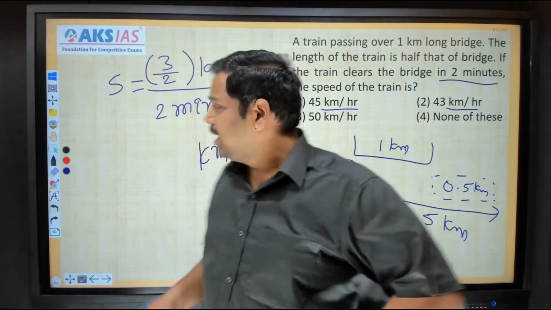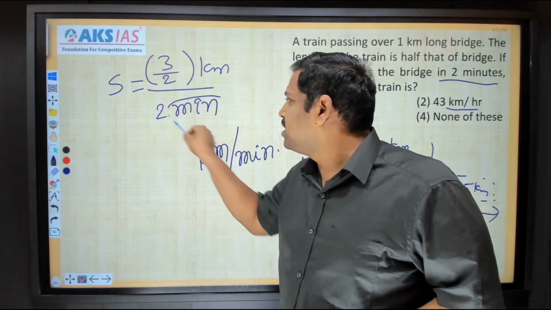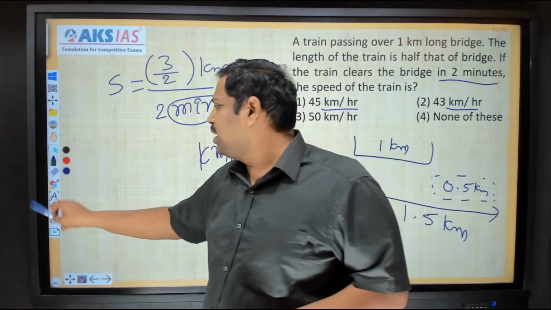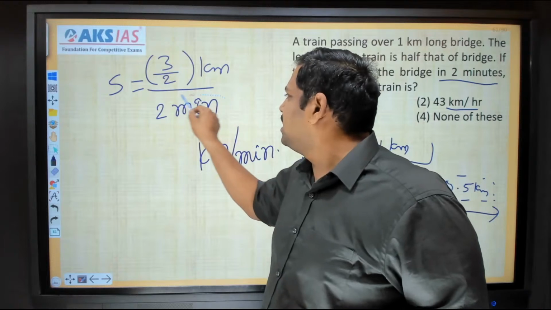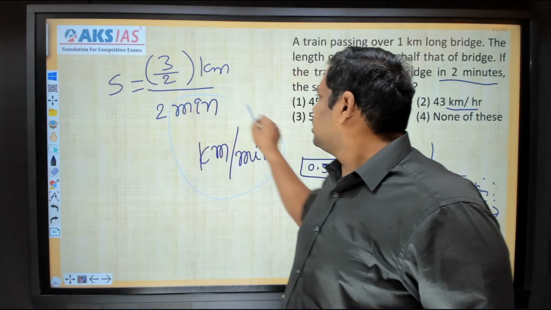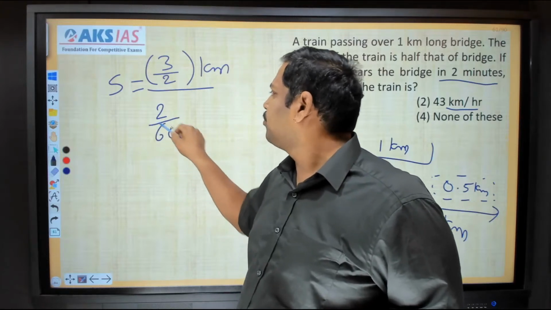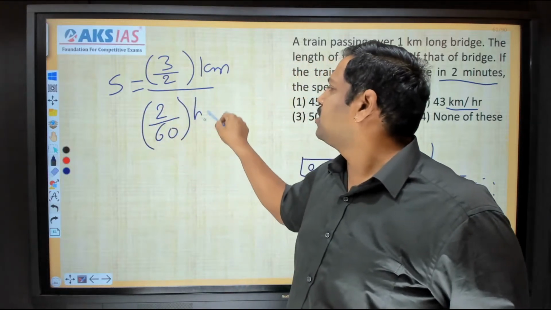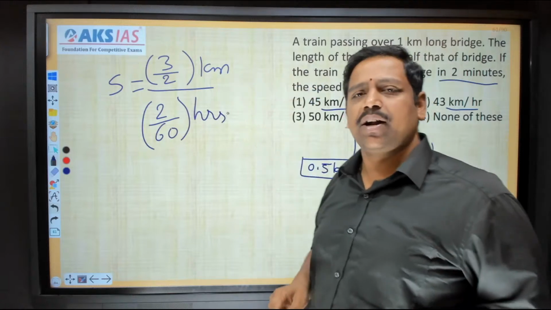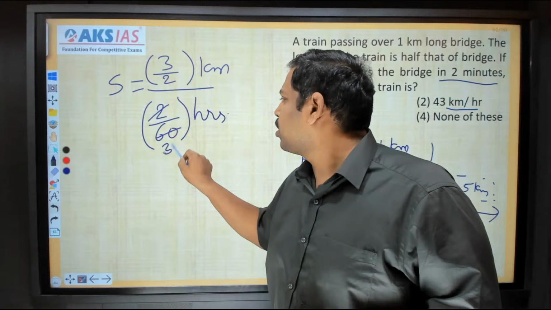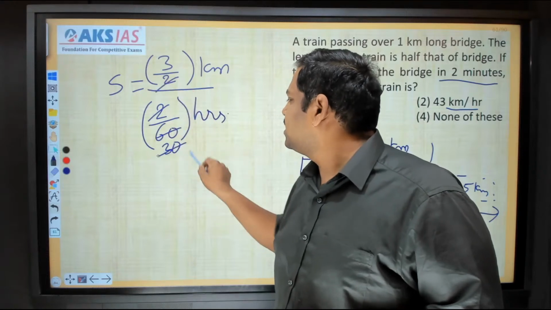Kilometers per hour means this time should be in terms of hours. To convert the minutes into hours, we should divide by 60. Then it will be in terms of hours, and the answer will be in kilometers per hour, right? Now 2 ones are 2, 2 30s are 60, 2 15s are 30.